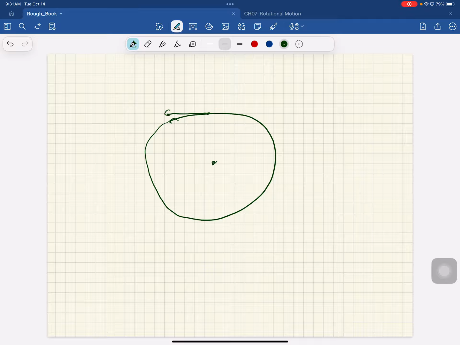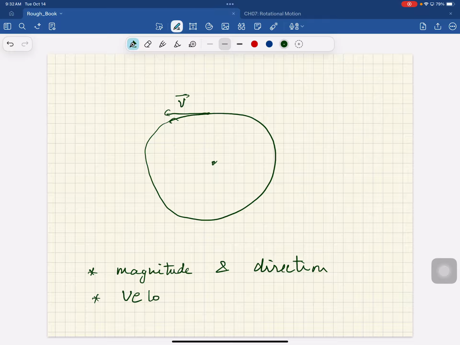Now, velocity is a vector. A vector has magnitude and direction. I'm just setting you up for this chapter. When velocity changes, then you are accelerating.